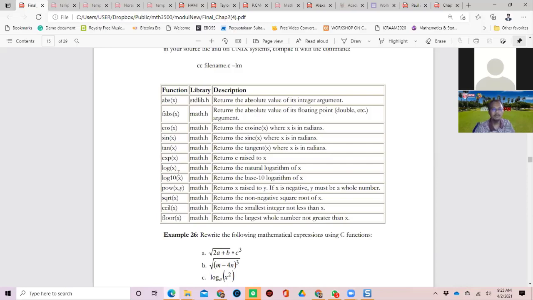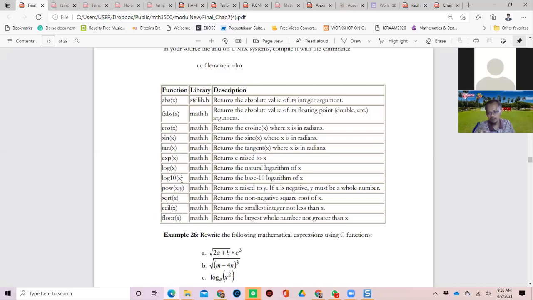So in C, we have log base e and log base 10. If in C we write log(x), this is considered ln in normal mathematical notation. And log10(x) is log only, in normal notation.